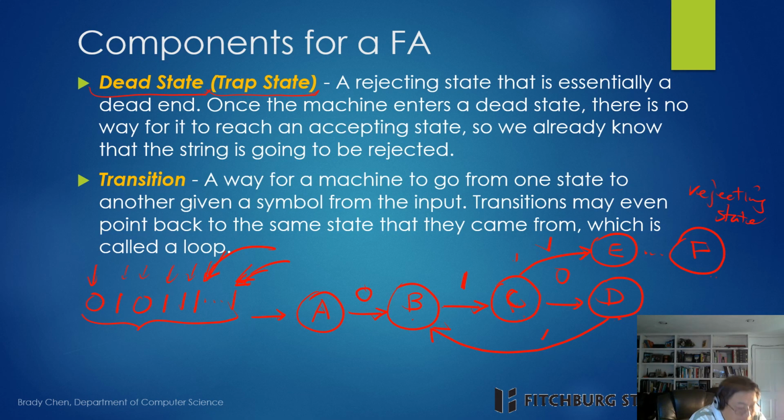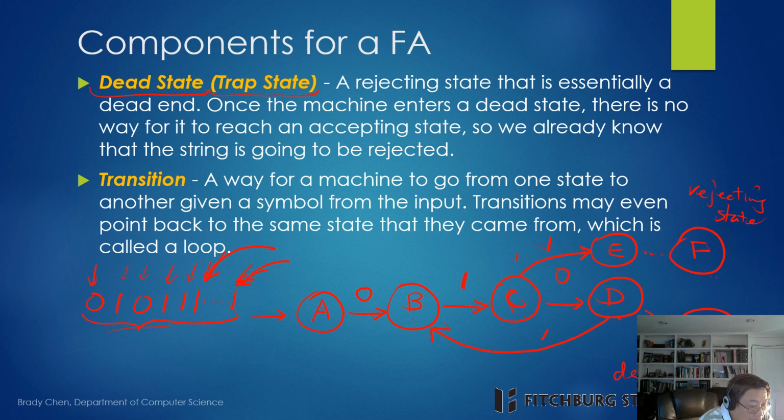Now the dead state is different. If you somehow reach G, a dead state, and we have 0, 1, 0, there's no way to get out of the dead state.